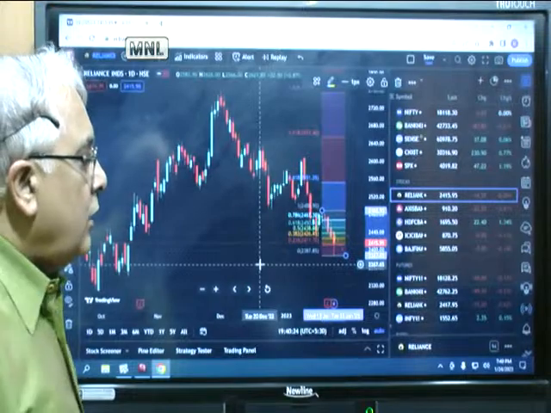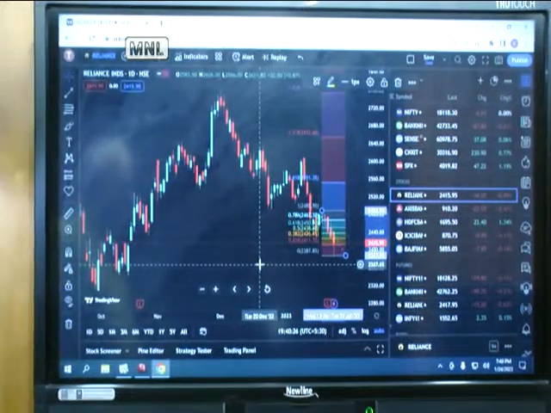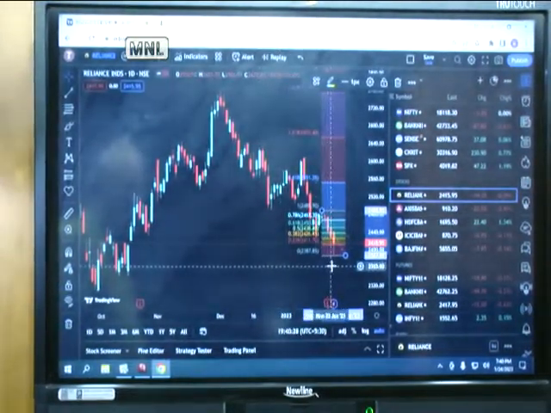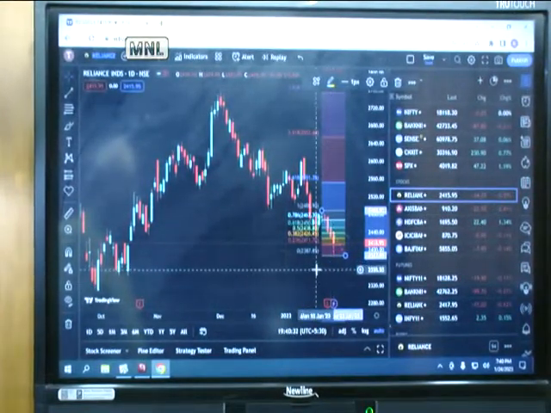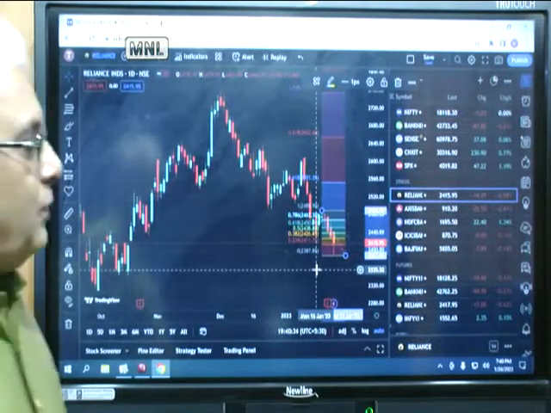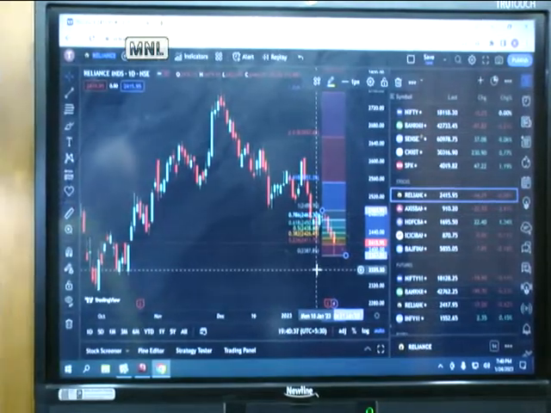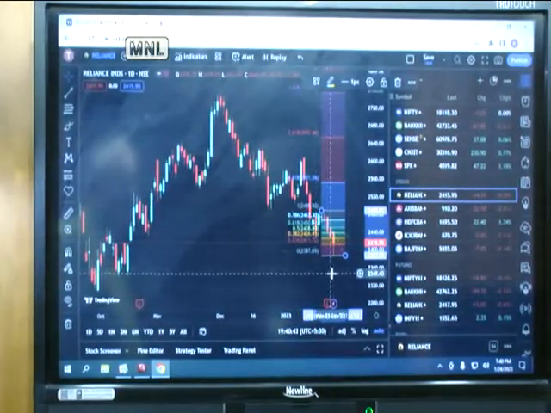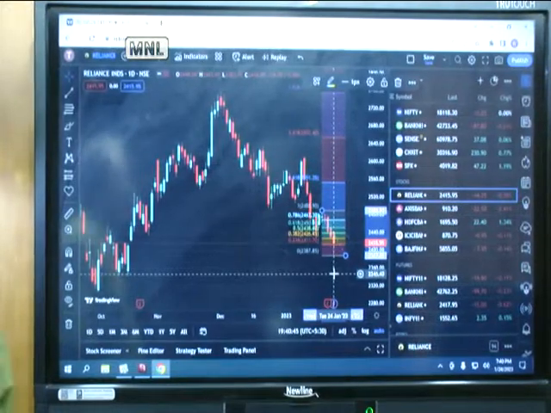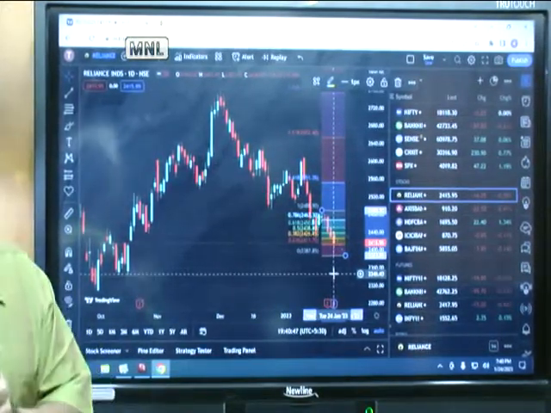So tomorrow for the intraday, considering that this is a good pattern, this is a type of hammer pattern, and it closed above the 23.6% retracement of this move, we probably expect that the fall will not be below this, which is 2387. Fall will not be below 2387.